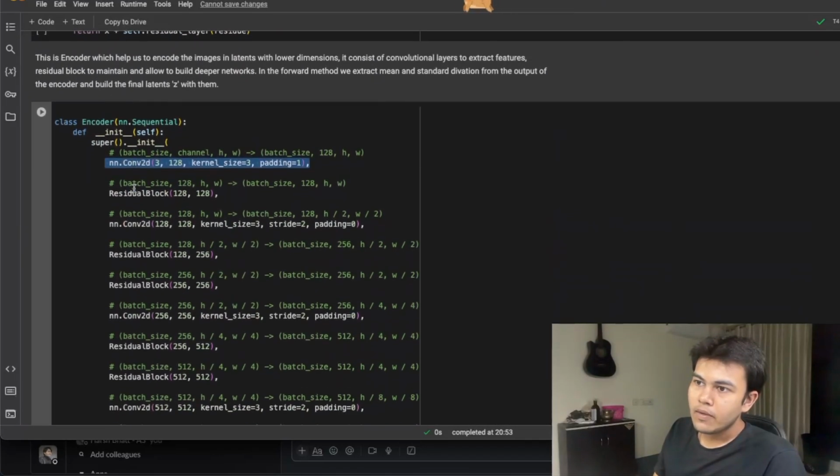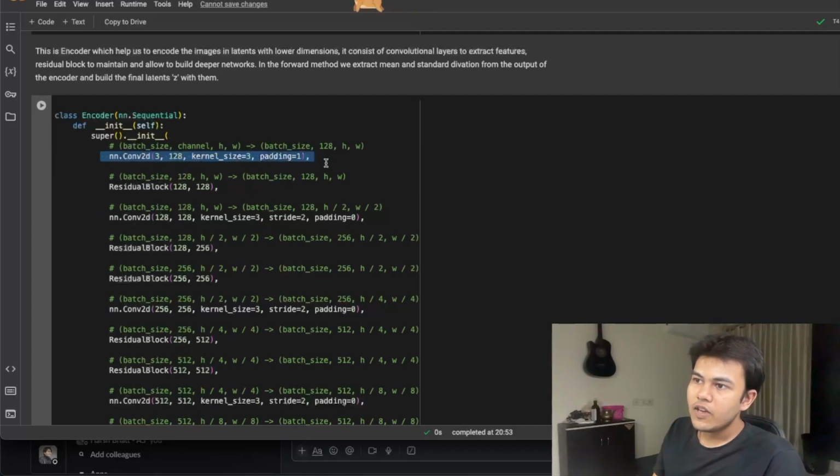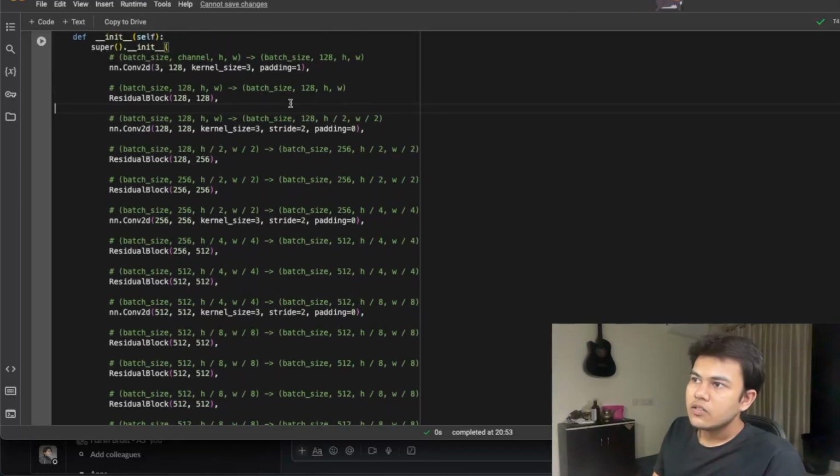The first Conv2d layer, where I've also noted the shapes, like what the initial shape was, how it's going to be impacted, and what exactly the output shape is going to be. Here we're not changing the size of the image, just the channels.